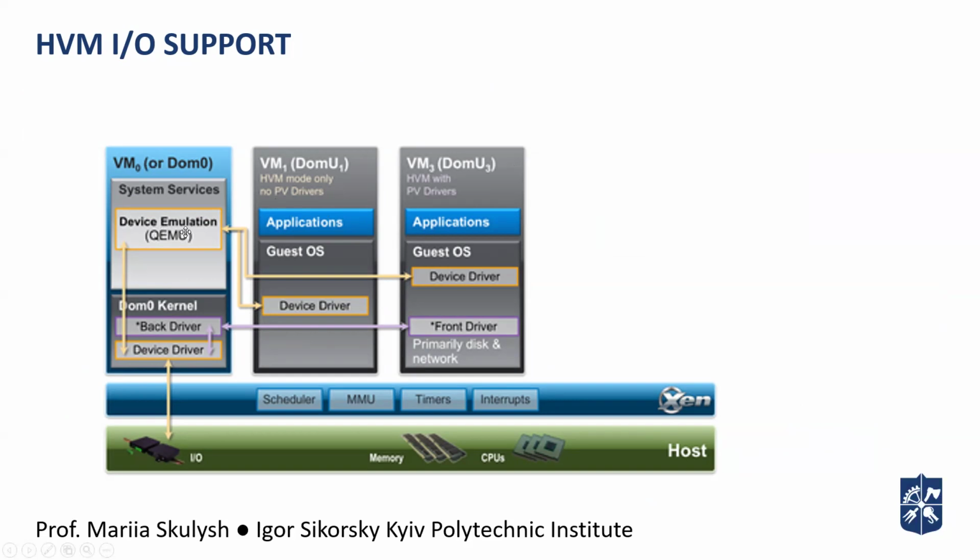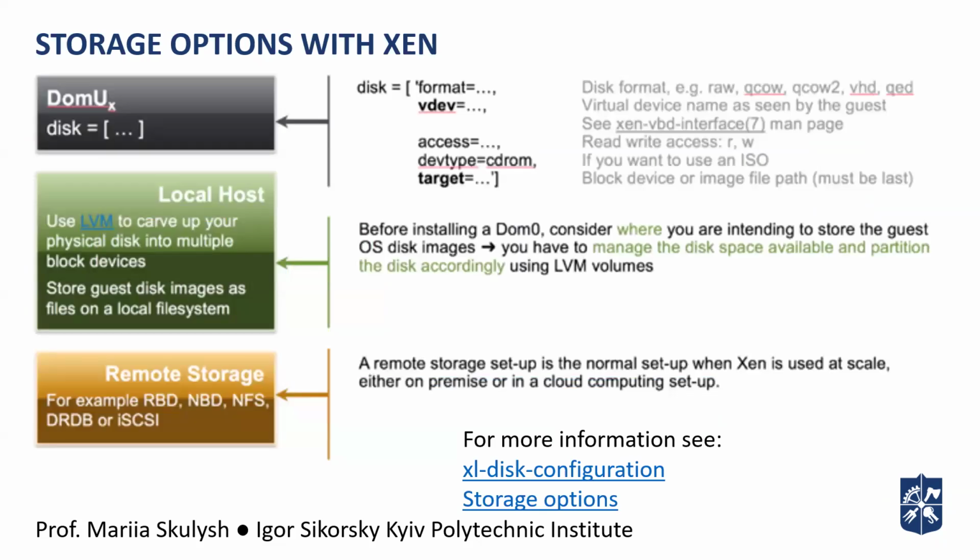Device emulation in QEMU communicates with the device driver in each virtual machine from one side, and also we have a device driver which communicates with the physical hardware. So these elements do their job for very fast processing.